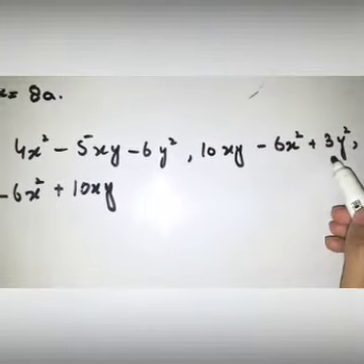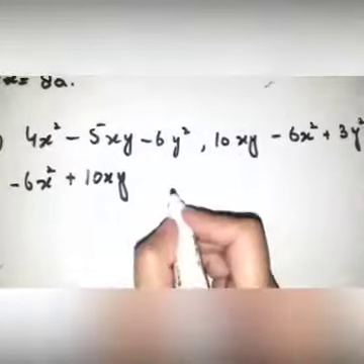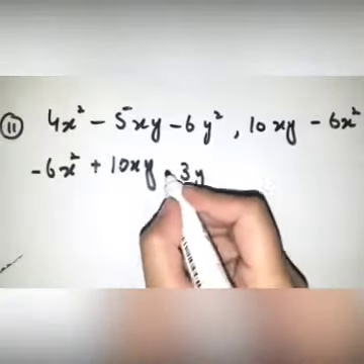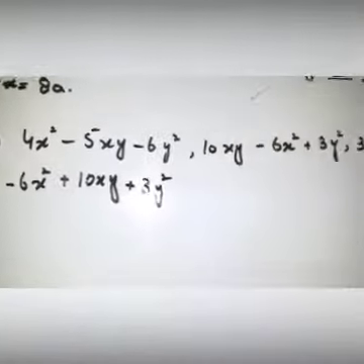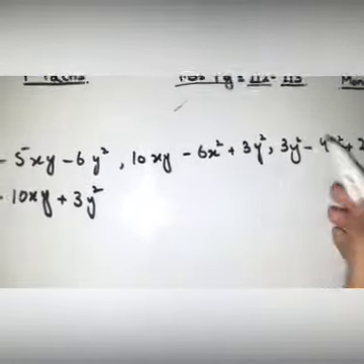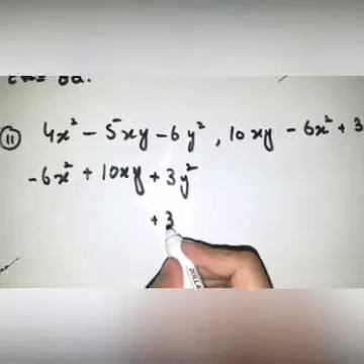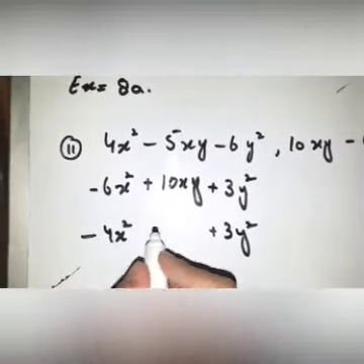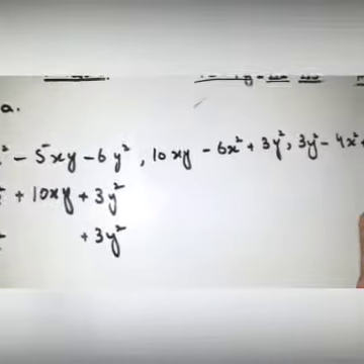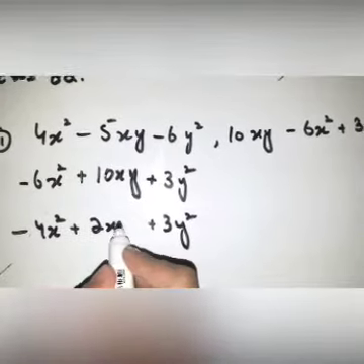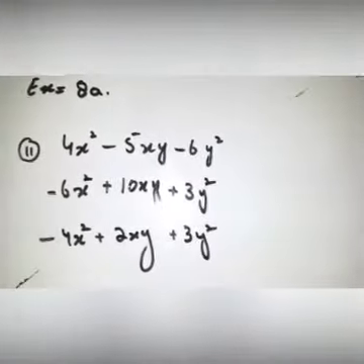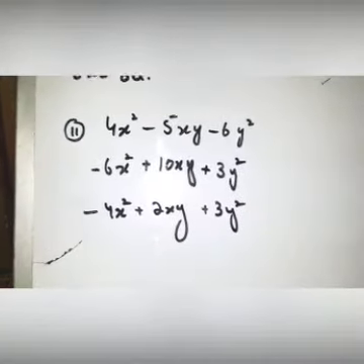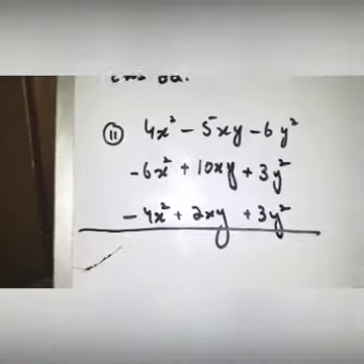And the third value is 3y square, so we will write here 3y square under the y square, minus 2x square, and plus 2xy. In the end you can see that plus 2xy will come under the xy. So I will remove this value from here. Now your question is ready to solve.